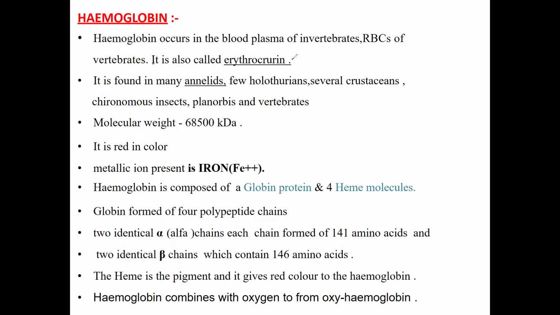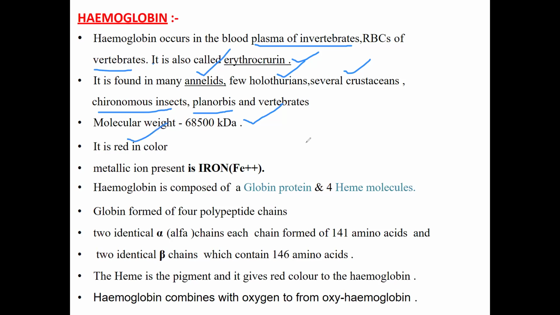Its alternate name is erythrocruorin. It is not only present in the vertebrates, but also in the plasma of some invertebrates, such as some holothurians, several crustaceans, some chironomous insects, and Planorbis, which is a molluscan, and of course vertebrates.